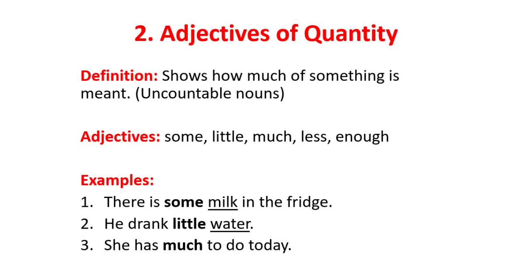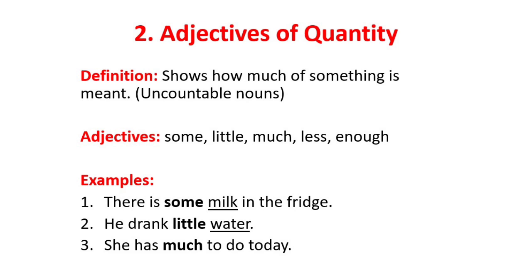We can't count these things by number, right? So these are the uncountable nouns. Whenever we have to talk about the quantity of these nouns, we use adjectives of quantity. Some examples are: some, little, much, less, enough. Like this many examples are there. I have given you a few examples.